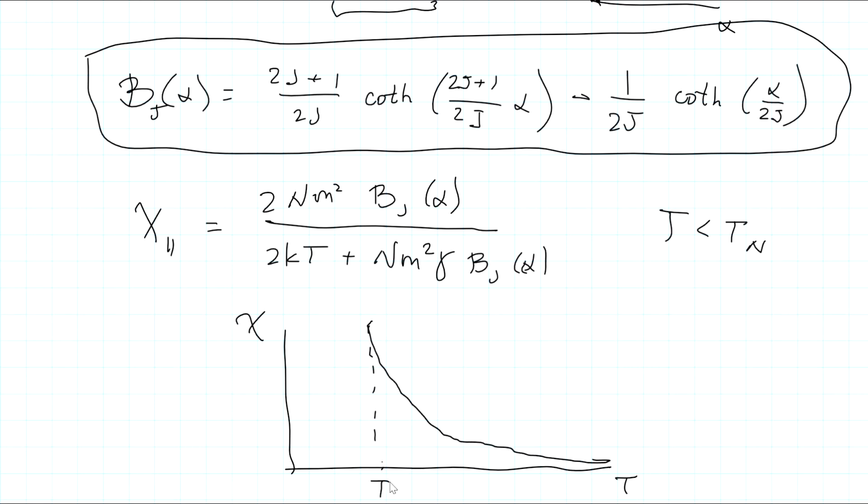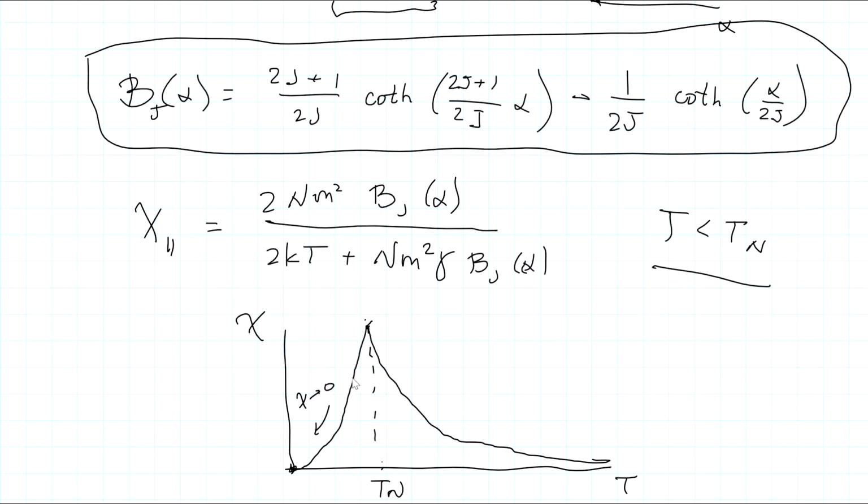This is the Néel temperature, but we are looking at this susceptibility at temperatures below it, and it is going down to zero here. So it goes all the way down to absolute zero. As temperature goes down, susceptibility approaches zero.